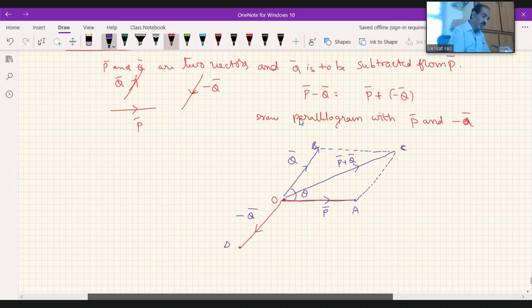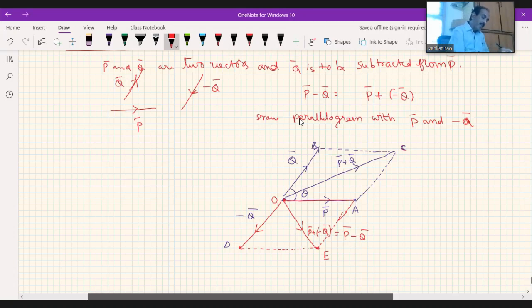Now, complete the parallelogram. This is E. Now, this is nothing but P bar plus of minus Q bar, that is P bar minus Q bar, right?